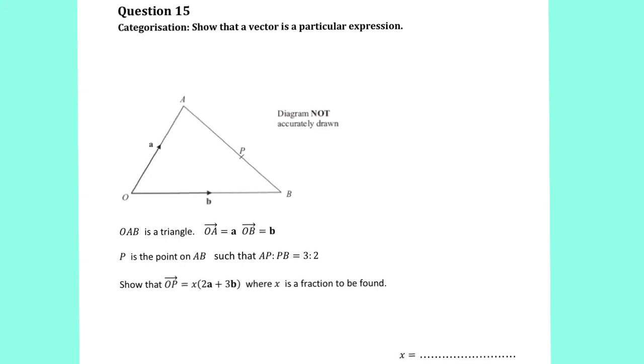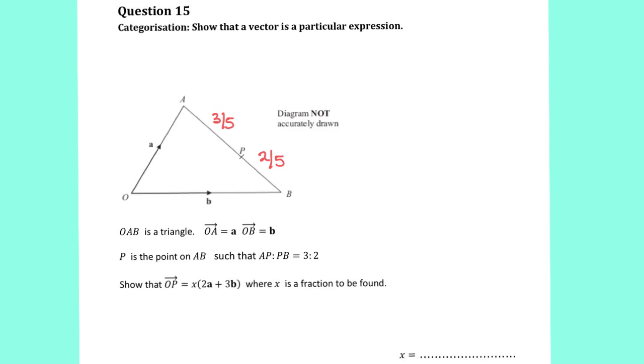In this question, we are told that OAB is a triangle in which vector OA is equal to a and vector OB is equal to b. We're also told that P is the point on AB such that AP to PB is in the ratio 3:2. That means that AP is 3/5 of AB and PB is 2/5 of AB.